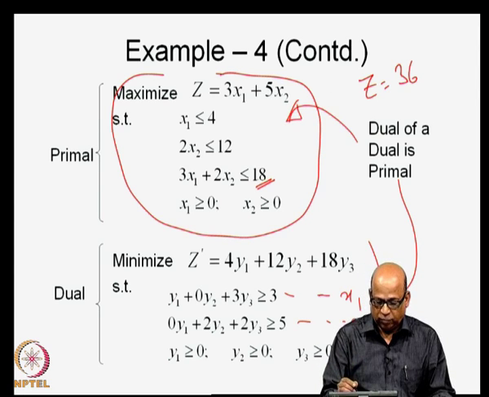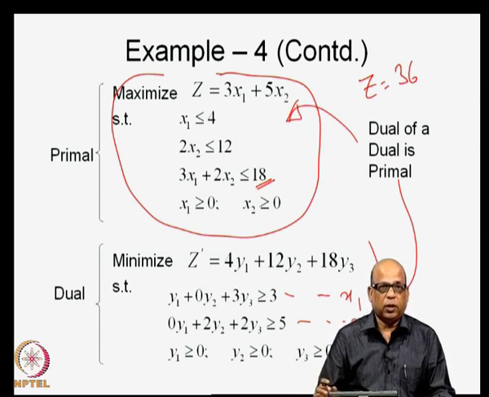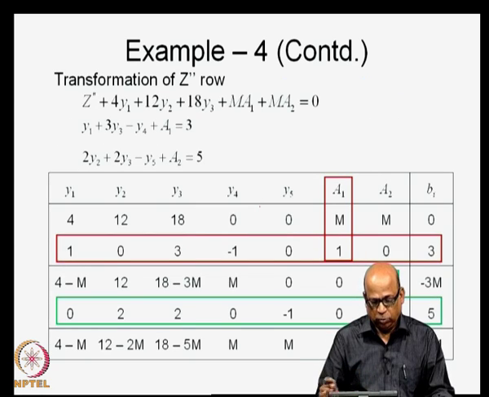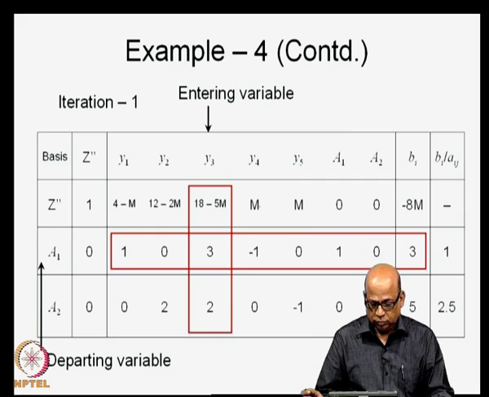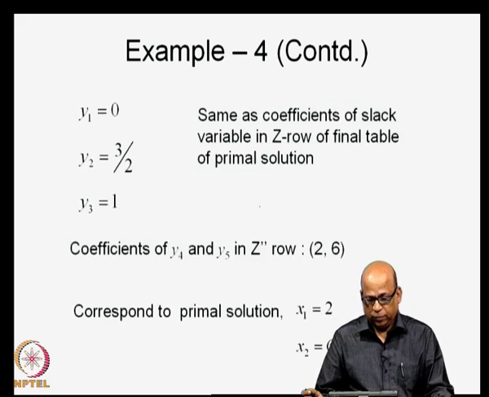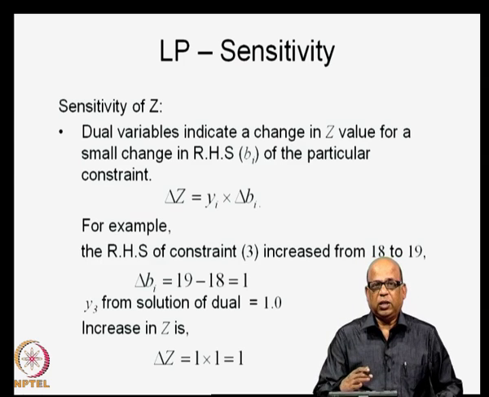Let us say that from 18 I make it 17 or 19. I do not have to resolve this problem, simply use the solution for the dual, and from the dual we should be able to get it. I will not go into the theory of this, but we will go through how we do this. So, this is called sensitivity analysis; this is one of the sensitivity analyses that we can do.